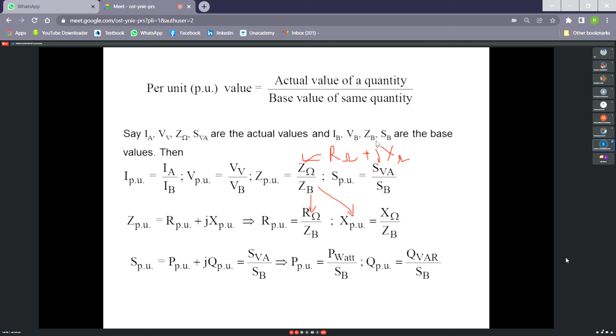Similarly, powers are more or less specified because we know how much power is connected to a particular bus, how much load or how much generator. So the possibility of being a known quantity is more for voltage and MVA, not for the current or the impedance.